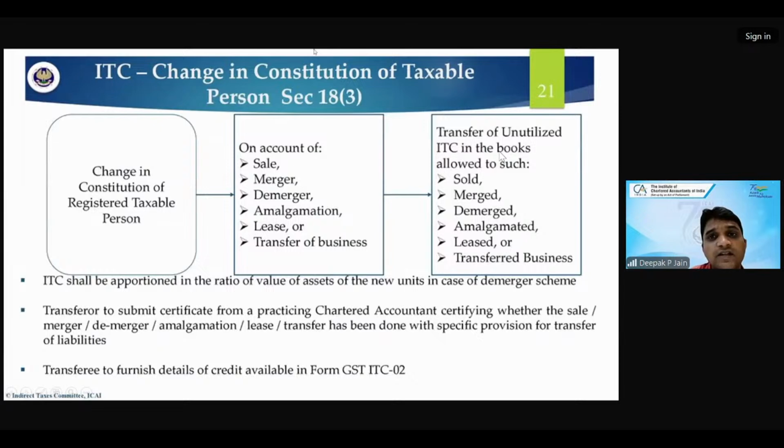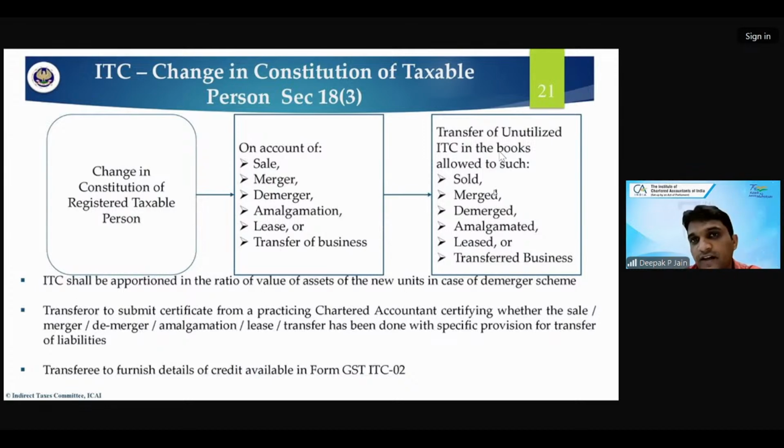Now, what happens to ITC in case of change of constitution? That is when you are selling the company, when there is a sale, merger, demerger, then you will transfer whatever is the unutilized ITC to the new entity.